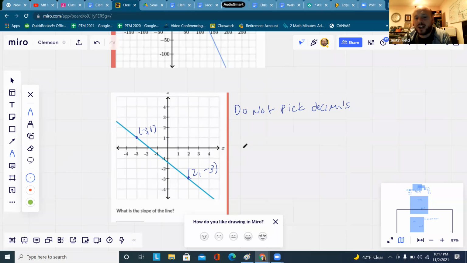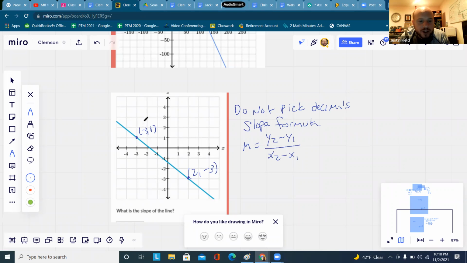Yesterday, I think I was subtracting, but today I'm going to do this the traditional way with the slope formula. This is called the slope formula, and M is the letter that algebraticians have chosen to represent the slope. We'll talk more about that later.